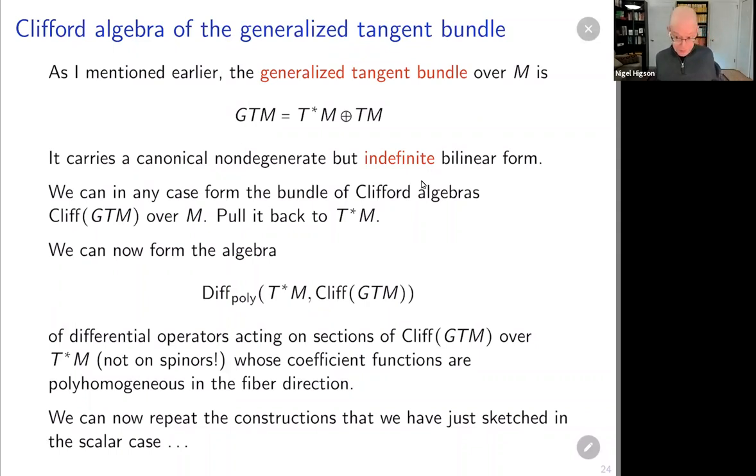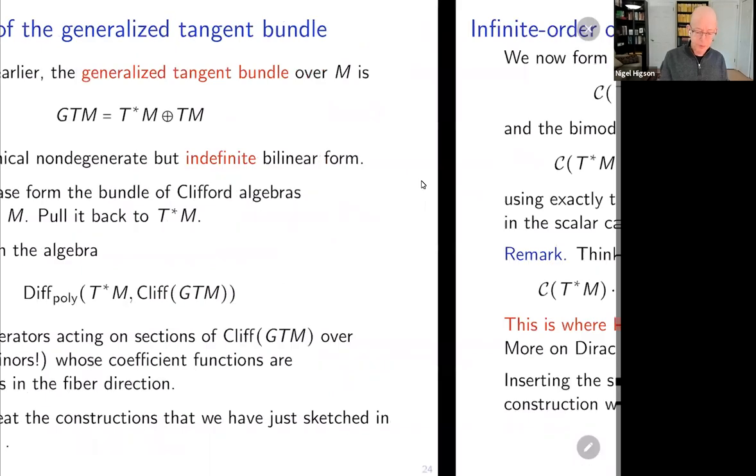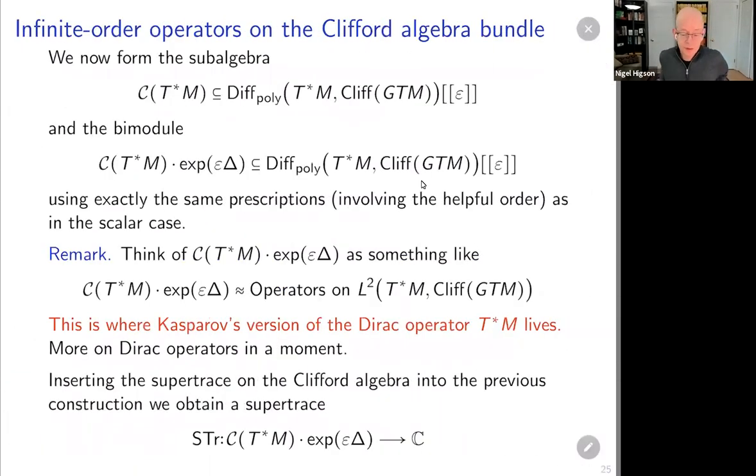So we just introduced some matrix coefficients, if you like, to the story, but it doesn't really change anything, and you can repeat the entire construction of an algebra of infinite order differential operators that I went through just a moment ago to create a new algebra of formal power series in epsilon with coefficients which are differential operators.